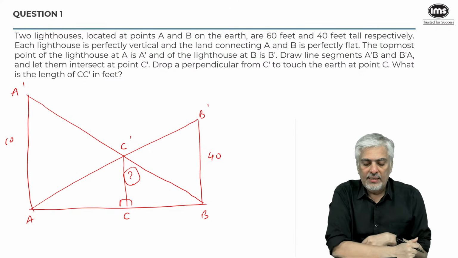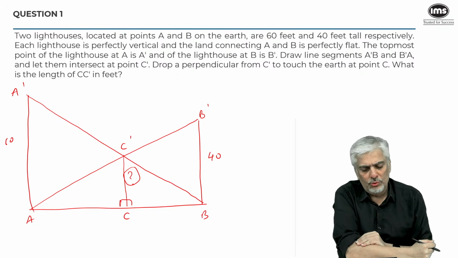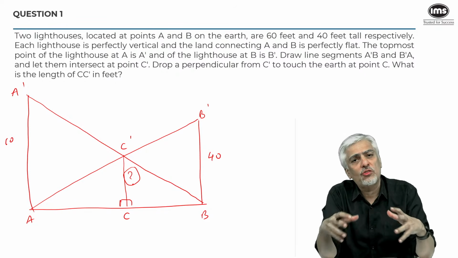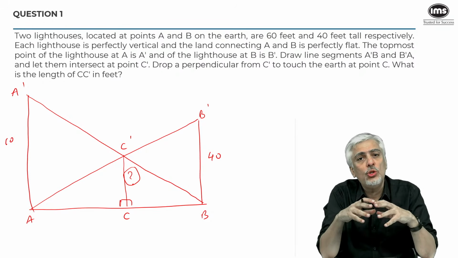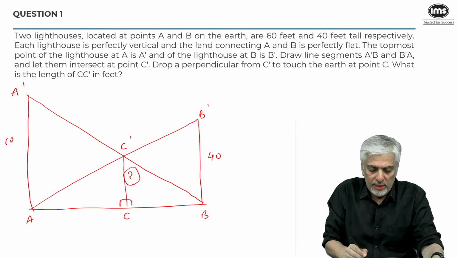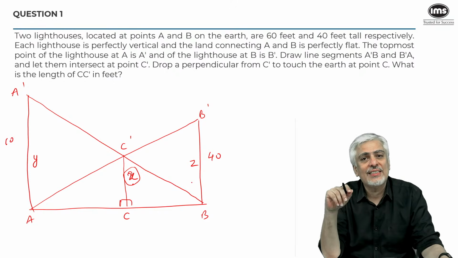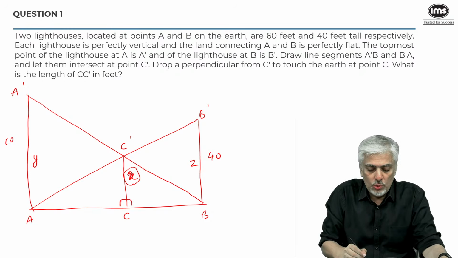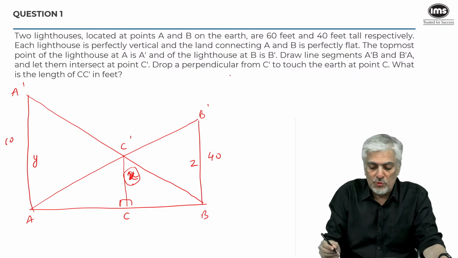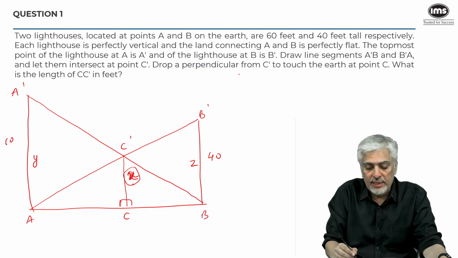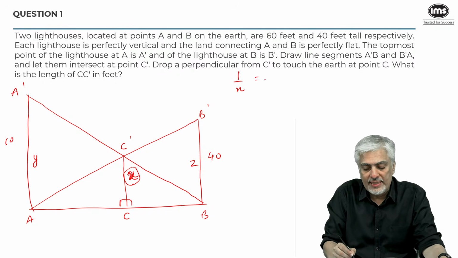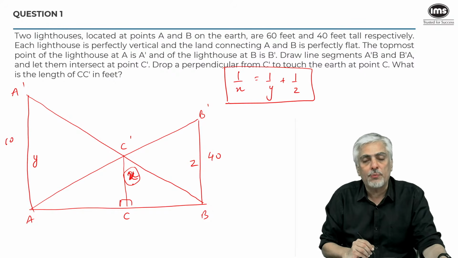Now, this question can be done with a longer approach of similarity, but you all should know a property. If I call this X, this Y, and this Z, whenever you have three parallel lines, the property which can be used is a direct property: 1 upon X is equal to 1 upon Y plus 1 upon Z. You just have to apply this property.